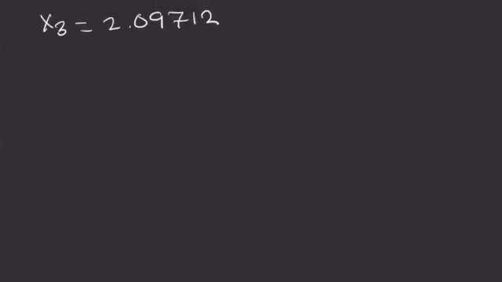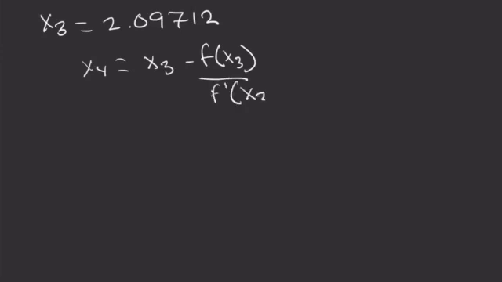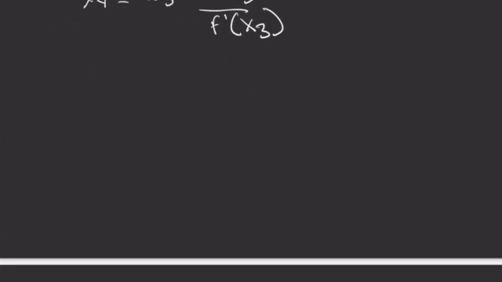So x4 equals x3 minus f of x3 divided by f prime of x3. So let's plug in our value of x3 to our original function and our derivative and see what we get.